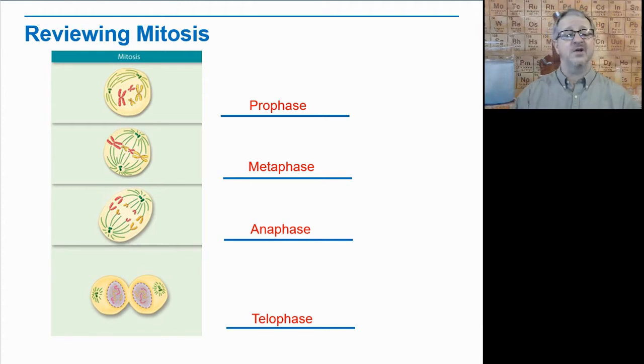In anaphase, those homologous pairs are going to be pulled apart. And then in telophase, we get the nuclear envelope beginning to reform and the cytoplasm just starting to pinch in a little bit. And then we hit cytokinesis, and it completely splits into two separate cells.